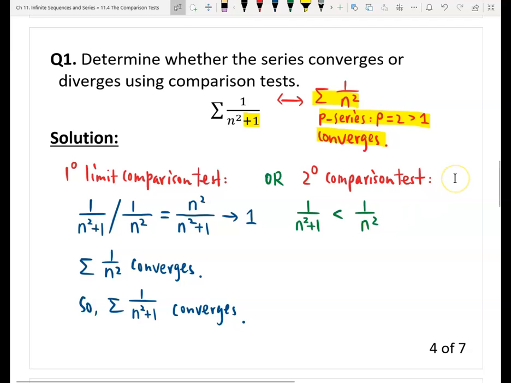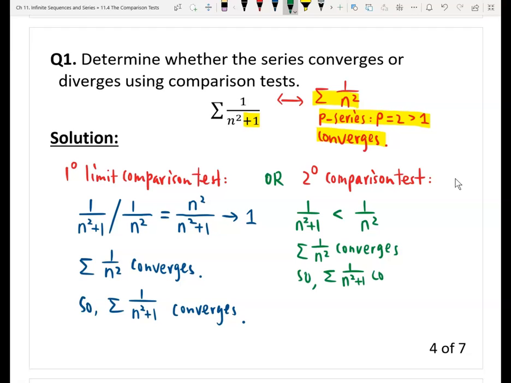Therefore, what do we have? We have a direct comparison. Now we can use the direct comparison test, because the bigger series converges. And so the smaller one, our series, converges too. That makes sense.